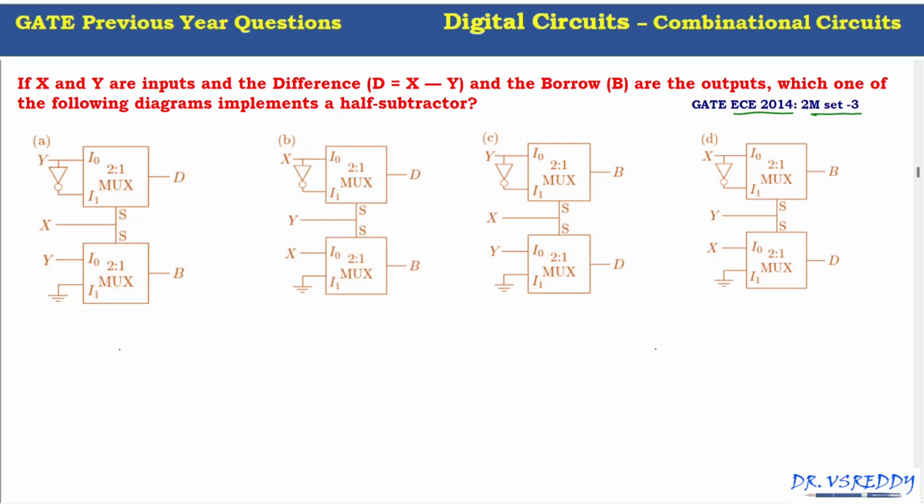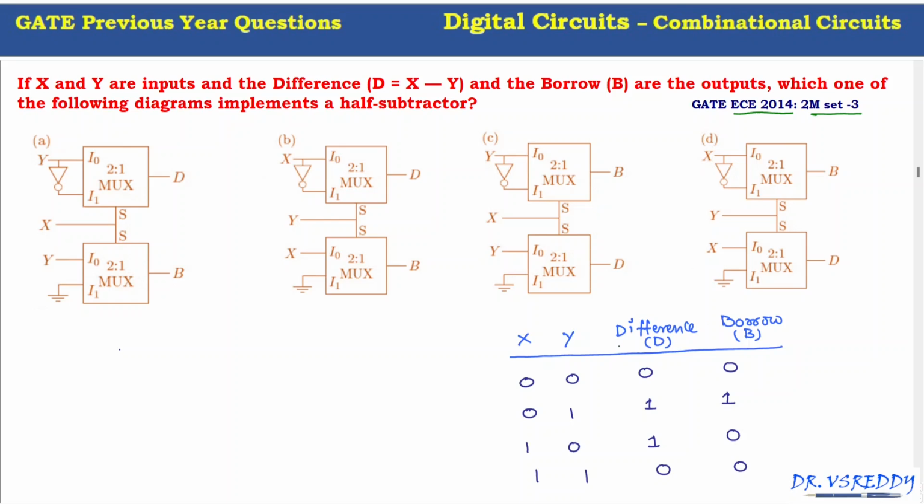Now if we see the truth table of a subtractor, the difference is 0 when both inputs are the same, and 1 when both inputs are different. So we can write D is X XOR Y, that is X bar Y plus Y bar X. This is the equation for difference.